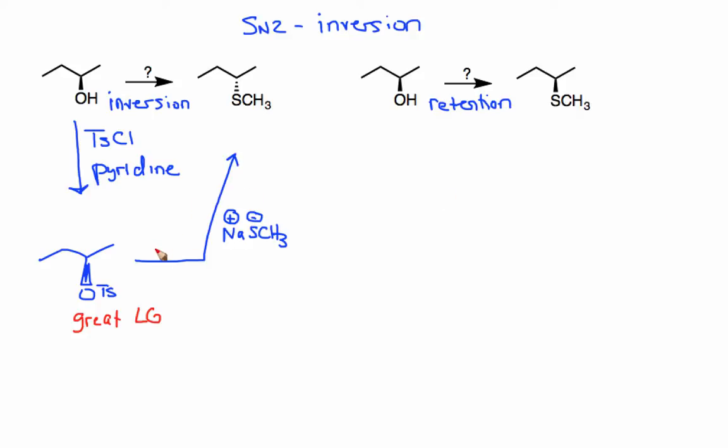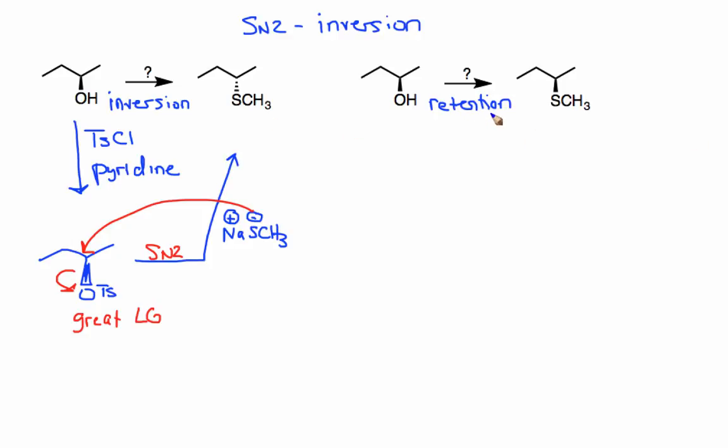So now we can do an SN2. Remember, we get backside attack, so the SCH3 attacks from the backside, which is going to make it going back like we have in our product. And then we just lose the OTs as a leaving group. So here, we essentially just converted the OH to a good leaving group and then did an SN2 reaction to get our inversion.